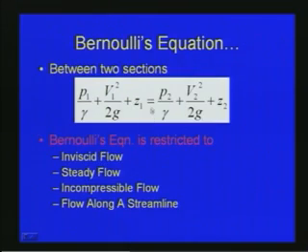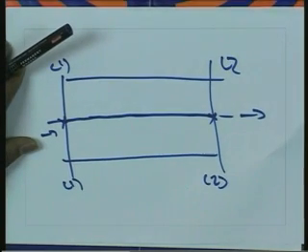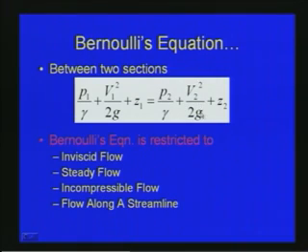And between two sections, section 1 and section 2, we can write p1 by gamma plus V1 square by 2g plus Z1 is equal to p2 by gamma plus V2 square by 2g plus Z2.